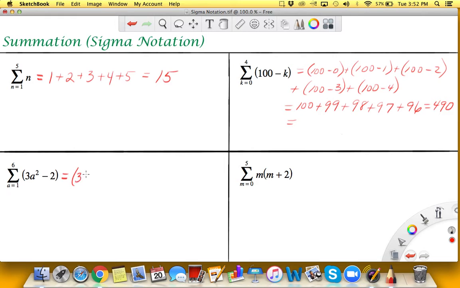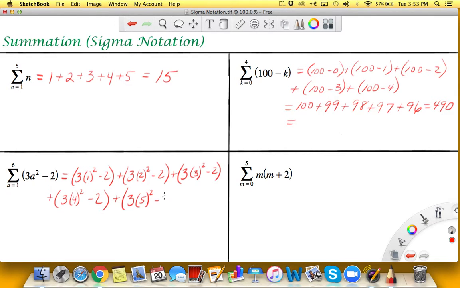So what we have is 3 times 1 squared minus 2 plus 3 times 2 squared minus 2 plus 3 times 3 squared minus 2 plus 3 times 4 squared minus 2 plus 3 times 5 squared minus 2 plus 3 times 6 squared minus 2. So we go from a equals 1 all the way to a equals 6.